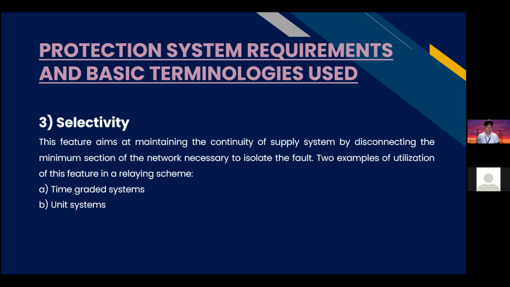Next. Number 3. Selectivity. This feature aims at maintaining the continuity of supply system by disconnecting the minimum section of the network necessary to isolate the fault. Two examples of utilization of this feature in a relaying scheme: A. Time-graded systems and B. Unit systems.